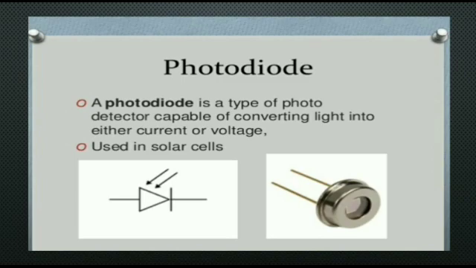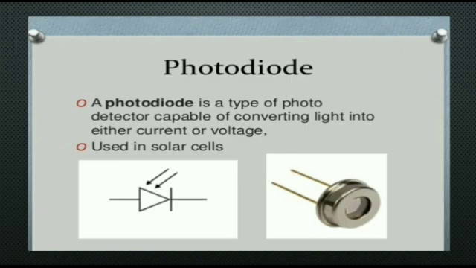Next, the photodiode. A photodiode is a type of photodetector capable of converting light into either current or voltage. So a photodiode is a device that converts light energy into current.